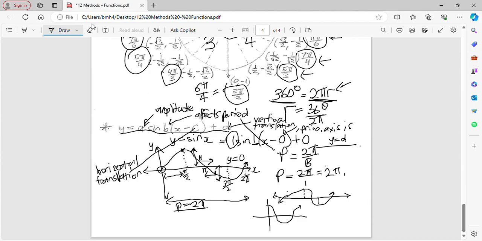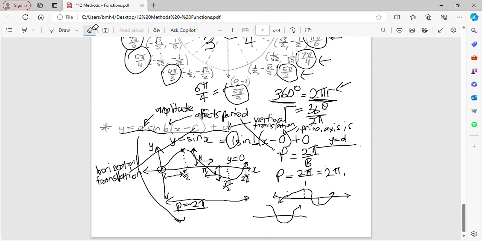But we can also use this general form for cosine. And it's the same. A is the amplitude, B affects the period, C is the horizontal translation, D is the vertical translation.